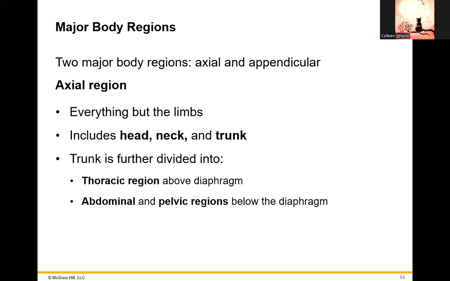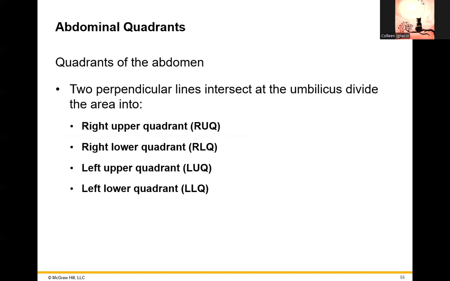The trunk is divided into the thoracic region, the area above the diaphragm, which includes the lungs and the heart. And then the abdominal and pelvic regions are below the diaphragm. Okay, and we're going to look at some pictures in a little bit that will help you understand this.